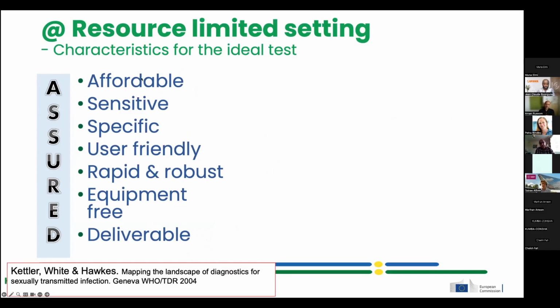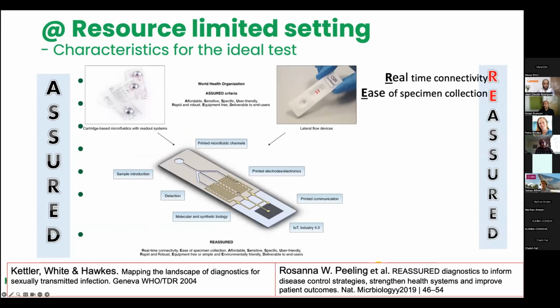And very recently, this was updated, where two words were added. This is RE. R stands for real-time connectivity, E stands for ease of specimen collection. And really, the HoliCare consortium is adapting this within our way of thinking when we are developing diagnostics that are then to be used at resource limiting settings.